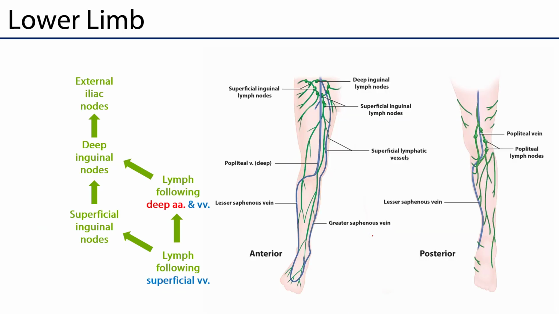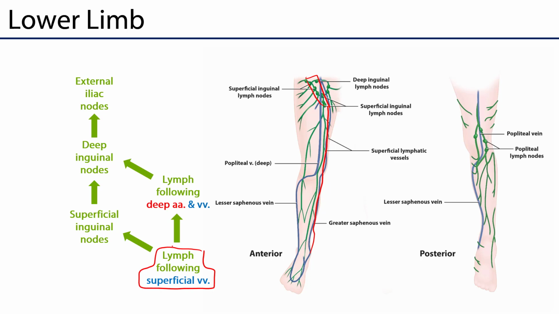Now let's look at the lower limb. So superficial lymph is going to travel along veins. So anything superficial follows the superficial veins. Keeping in mind we have the great saphenous vein draining the medial aspect of the lower limb up into the femoral triangle.